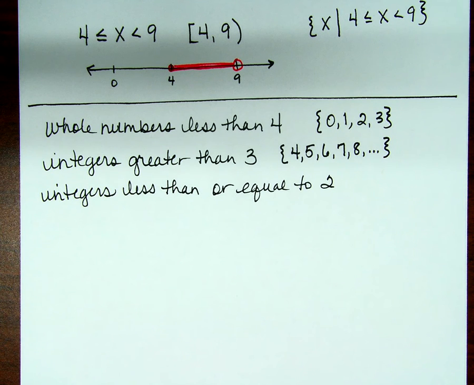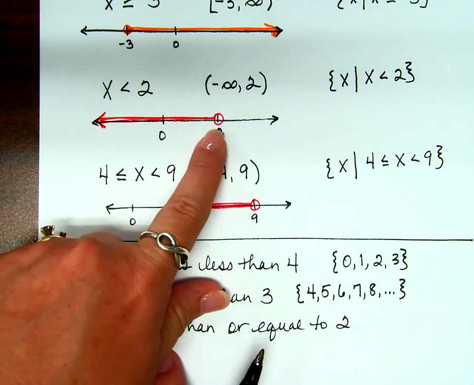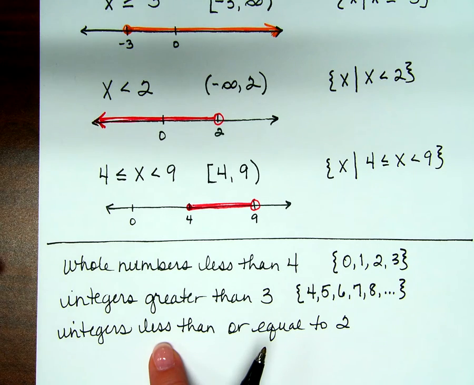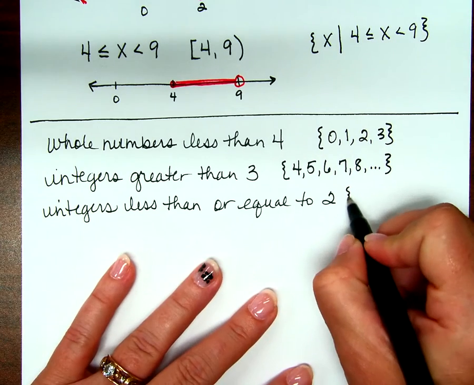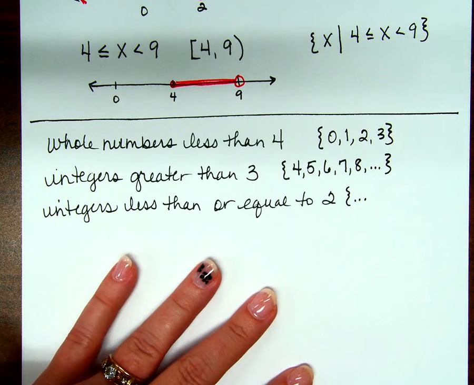What's the lowest integer less than or equal to 2? We need it less than or equal to 2. So if we're looking at a number line, what's the lowest integer less than or equal to 2? All of it, right? All the way. So how do we signify that? The dots. They're just on this side because it's going to the left, right? Then what?